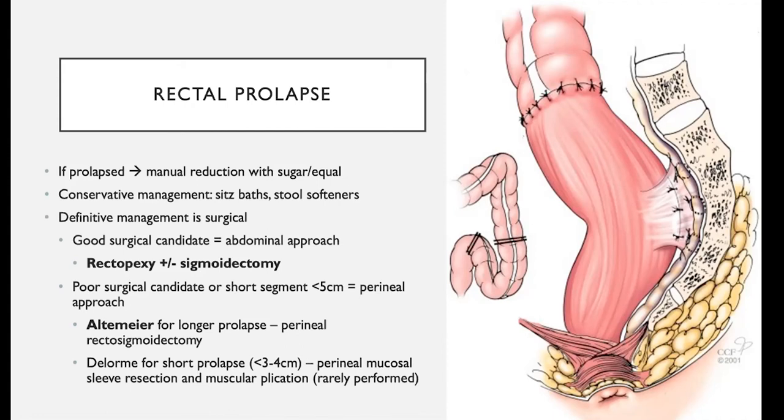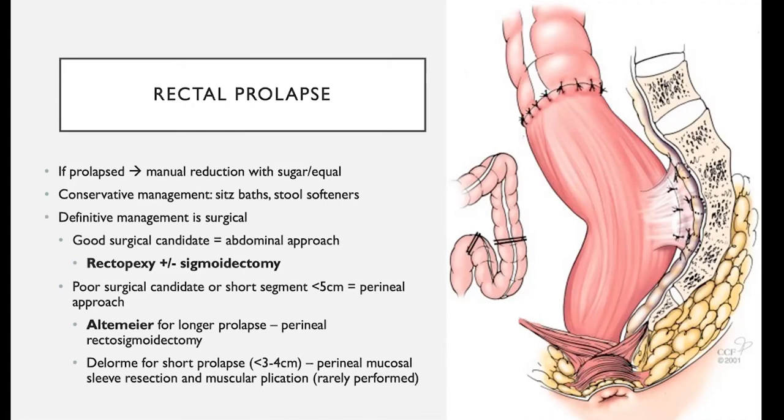You can perform a sigmoidectomy at the same time for those with a history of constipation, but I don't really know how often that's truly done. I just saw it more so in the textbooks that if there's a history of constipation, a sigmoidectomy may also be appropriate at the same time.